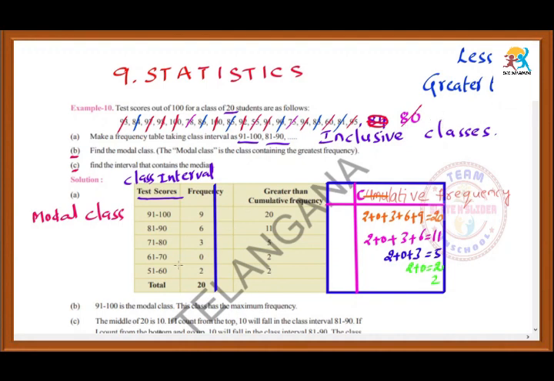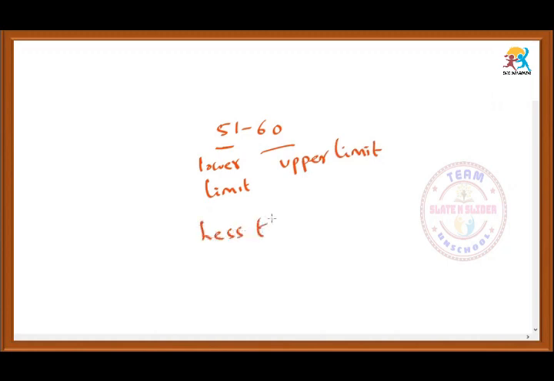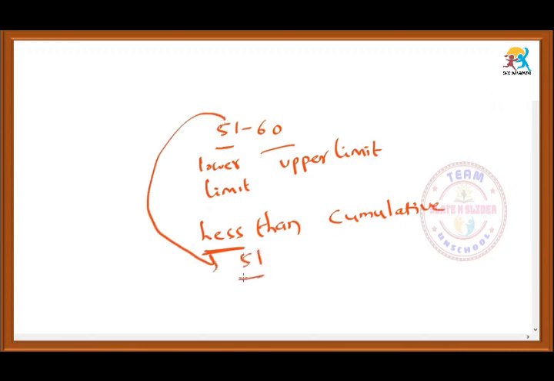In this question itself, we can take the class interval 51 to 60. In the class interval 51 to 60, 50 is the least one, that means it is the lower limit, and 60 is the upper limit. Less than cumulative frequency means we have to find out the number of students who got less than 51 marks.